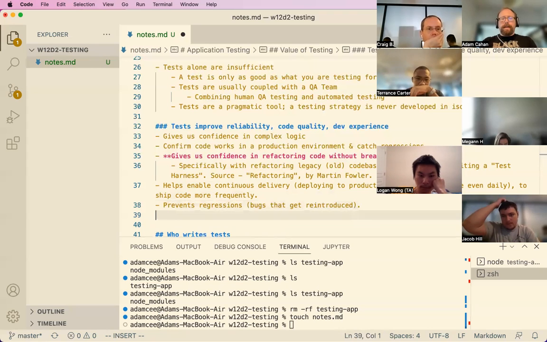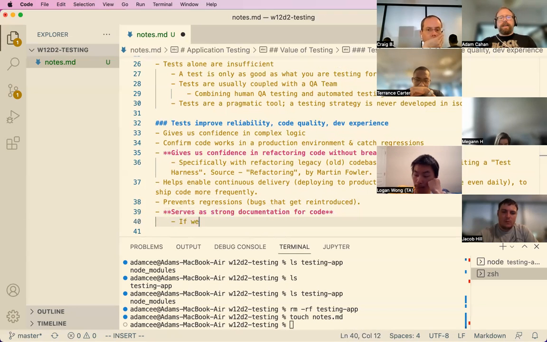And the last one, and this one I didn't understand for a while and is also super valuable, is that testing serves as strong documentation for code. If we keep our tests up to date, the tests for a class or function tell us a lot about the intent and behavior of that class.